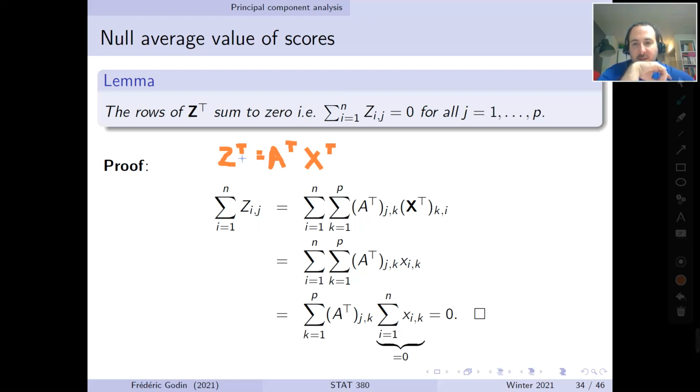So if we want to sum, we want to fix the column of Z transpose here. How to find that?